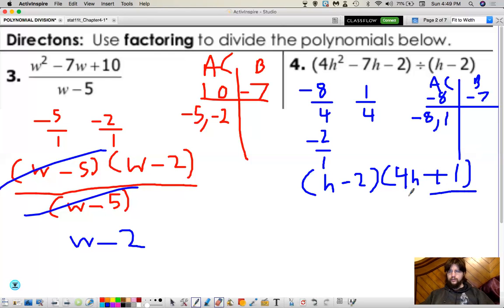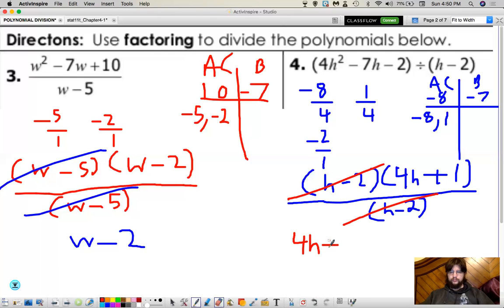So that's my numerator. My denominator is still h minus 2. I'm just grouping it because we need to remember that this is one thing. That is one single divisor. So we can't divide a piece of it. Those cancel, and we're left with 4h plus 1. Not too terrible, right?